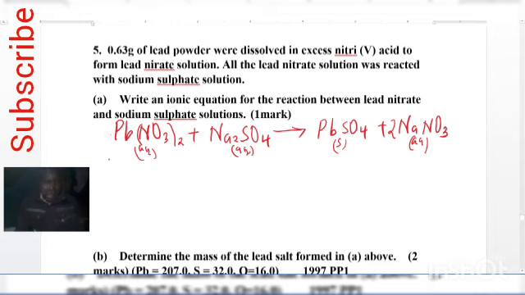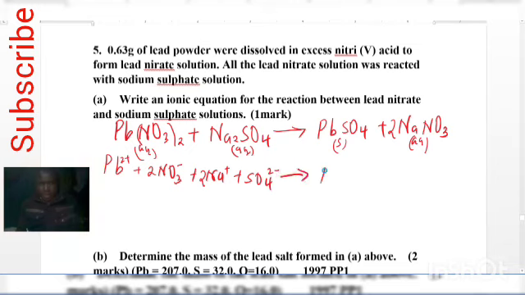Once you have written it like this, you are supposed to rewrite this equation ionically. So you will say lead 2 positive plus 2 nitrates minus, plus sodium positive, which is 2 of them here, plus the sulfate 2 minus will give us this one.